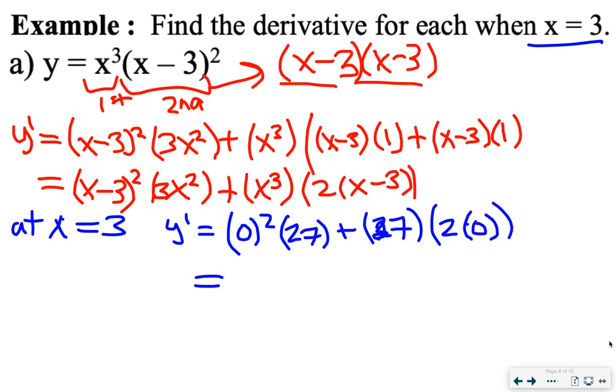Well, that's just going to end up being a whole lot of 0. So my derivative when x is equal to 3 of this function is 0.